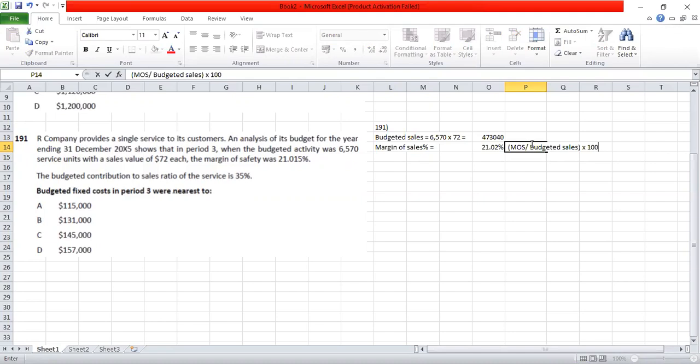After doing that, we already know our budgeted sales, so we can find out what the margin of safety is. Margin of safety is equal to this percentage into the budgeted sales. That's the logic. So this is margin of safety.